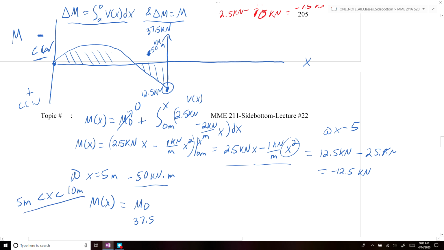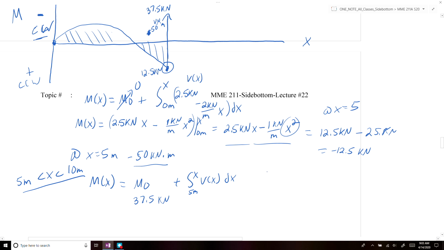We know it would be equal to 37.5 kilonewton meters plus the integral of V of x dx from 5 meters to x. So if we do that, we would add our V of x along that from 5 meters to 10 meters, which was just the constant minus 7.5 kilonewtons dx.